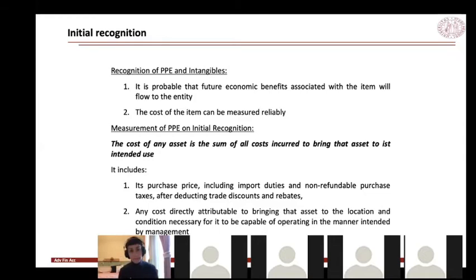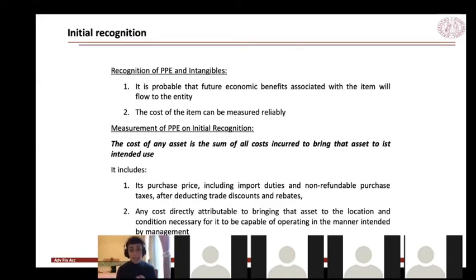Okay? So this is why it's always important, and this is also why, if you look at accounting history, there were accounting frauds made especially on this topic.